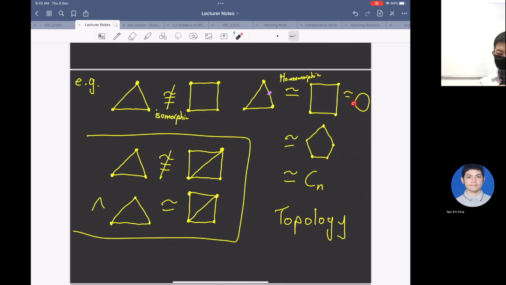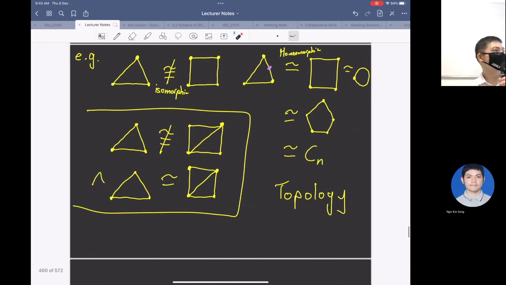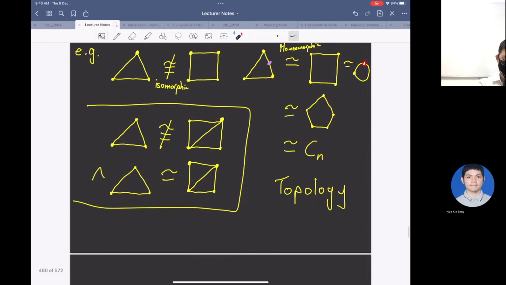This is a loop at one point. So everyone starts with a point and a string. I'm just kidding. If you keep adding the vertex, you get all the other cycles.